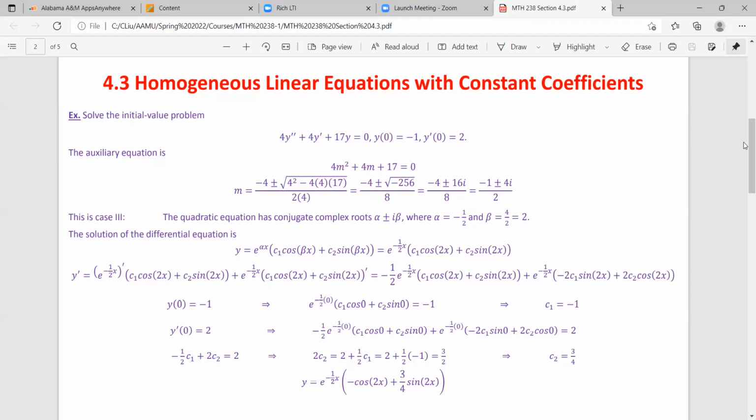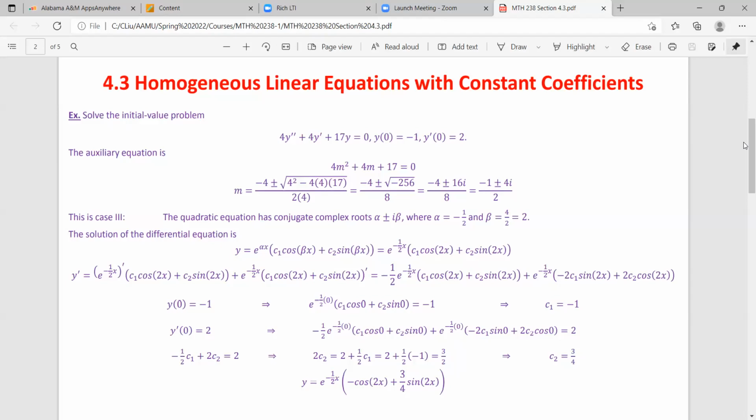So let's try to solve the initial value problem 4y double prime plus 4y prime plus 17y equal to 0, with the initial conditions y of 0 equal to -1, y prime of 0 equal to 2. Remember, we have the initial conditions here at x equal to 0.